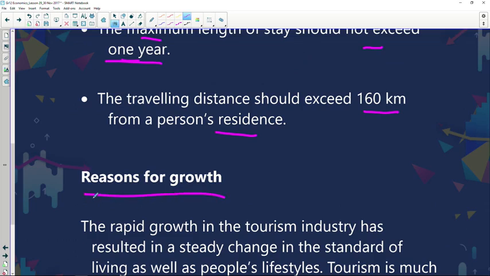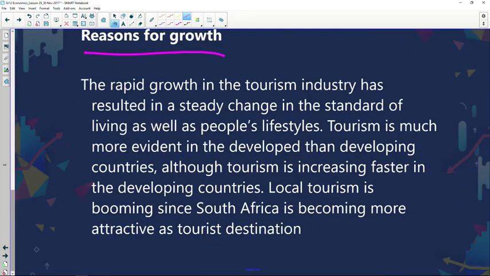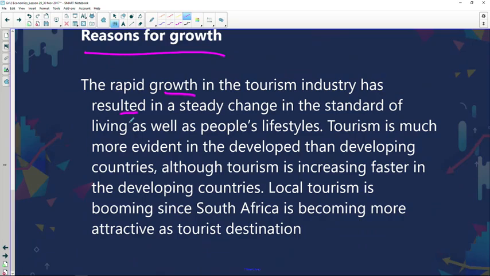So what are the reasons for growth? This is the interesting bit because we said that tourism does contribute positively towards economic growth. And also we've said that South Africa is quite a popular tourist destination because of the great weather that we have and also the different tourist attractions that we have in our country. So the rapid growth in the tourism industry has resulted in a steady change in the standard of living.